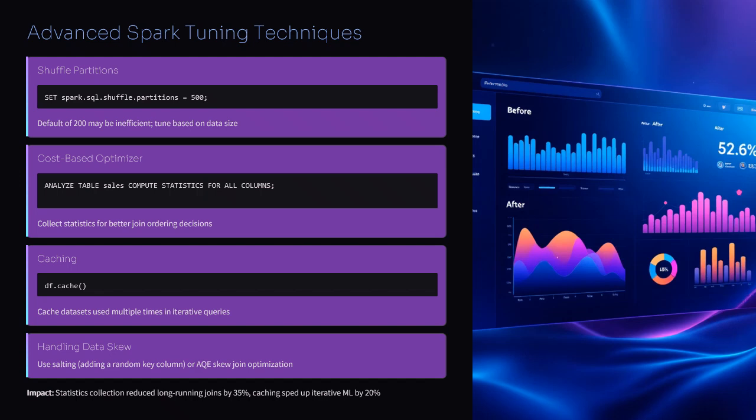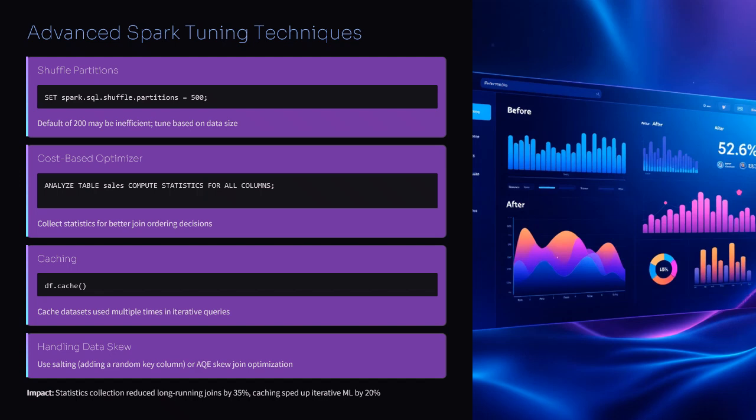In practice, collecting statistics could cut down some join runtimes by as much as 35%. Another useful approach is providing explicit broadcast hints in your code when you know a table is small enough to be broadcast. This guides Spark to avoid expensive shuffle joins by replicating small datasets across executors, improving join efficiency.